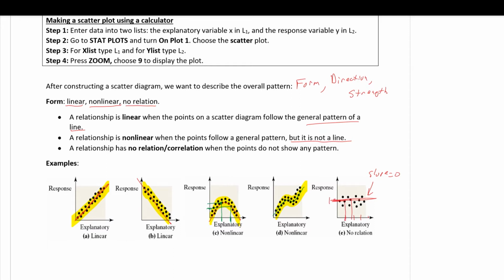Essentially the response variable doesn't respond to a change in your explanatory variable. So this is just a bunch of noise. There is no signal. The explanatory variable can change, but the response variable tends to just be at the same level, unchanged.